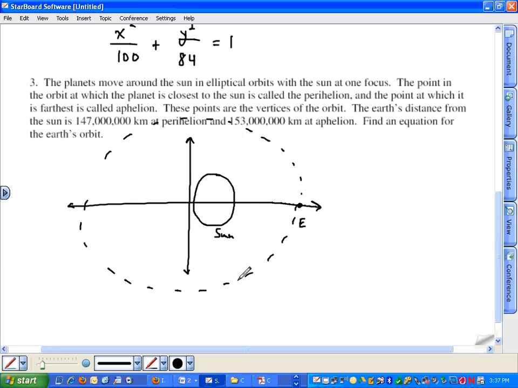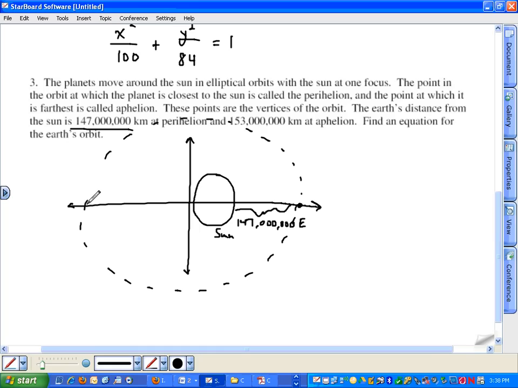Now when the Earth is closest to the sun, that's called the perihelion. According to our information, this is 147 million kilometers. So from here to here is 147 million kilometers.